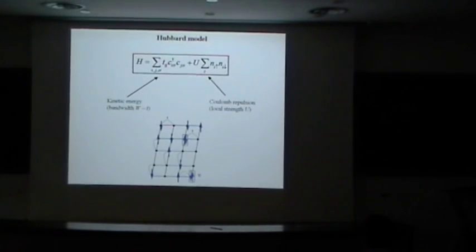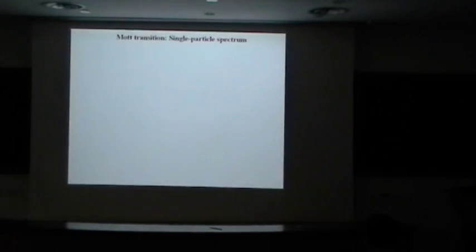Close to half filling, we have almost everywhere 1 electron per site. If U is not small, there are processes where you can generate double occupancies. Away from half filling, you have fewer electrons than lattice sites, and there's a possibility for holes to move, or equivalently for electrons on neighboring sites to move into holes. That is what the model describes.